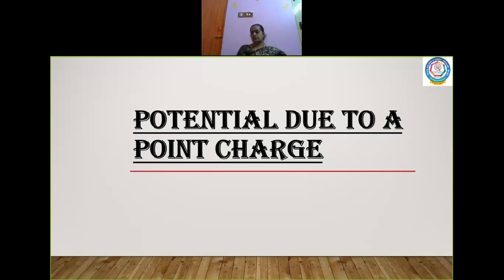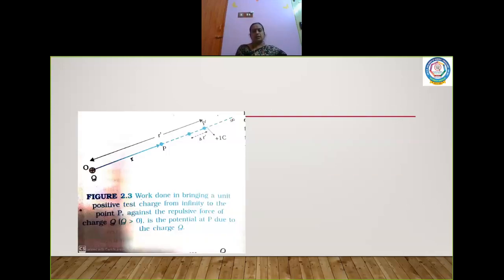Now, today we are going on to the main topic, which is potential due to a point charge. Let us consider this diagram, children. I want you to remember the definitions we discussed. What is electrostatic potential?